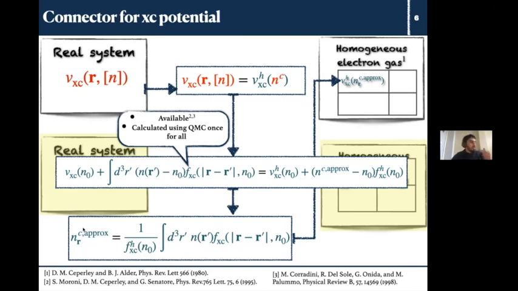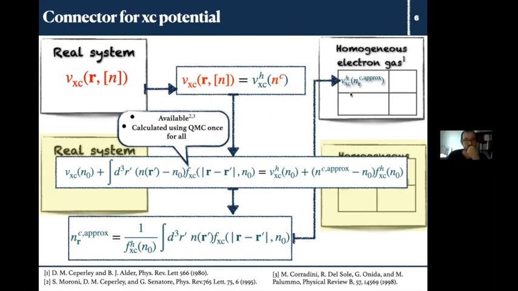In practice, to get the equivalent of the Kohn-Sham density, we take this connector density and put it in the DXA. Of course, we need to start with a first guess, and we do the Kohn-Sham iterations. Once we converge, we calculate the density from the Kohn-Sham orbitals, and this is the connector density.